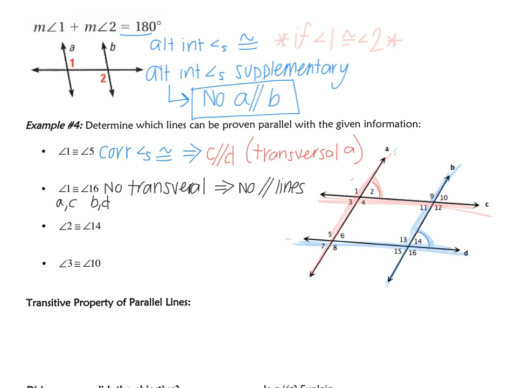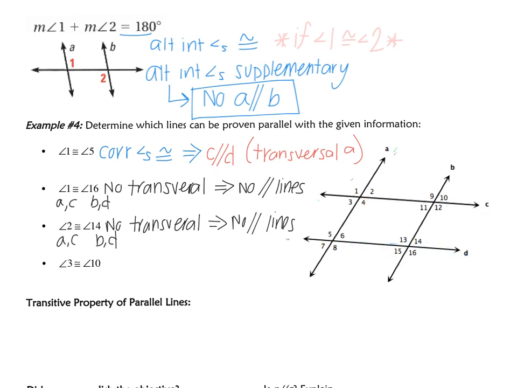Again, no transversal is the same. So this one also cannot prove anything parallel because they do not share the same lines. Angle 2 is created by lines A and C. Angle 14 is created by line B and D. If you have questions on that, we can definitely go through that in class. Just look at the lines that are created.